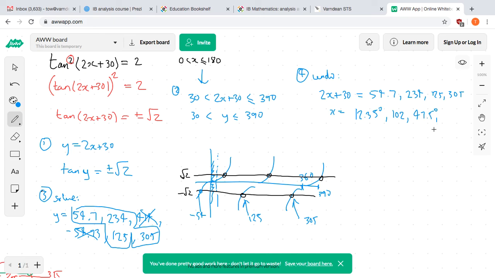And 305, take away 30, divide by 2: 137.5. That should be the answer.